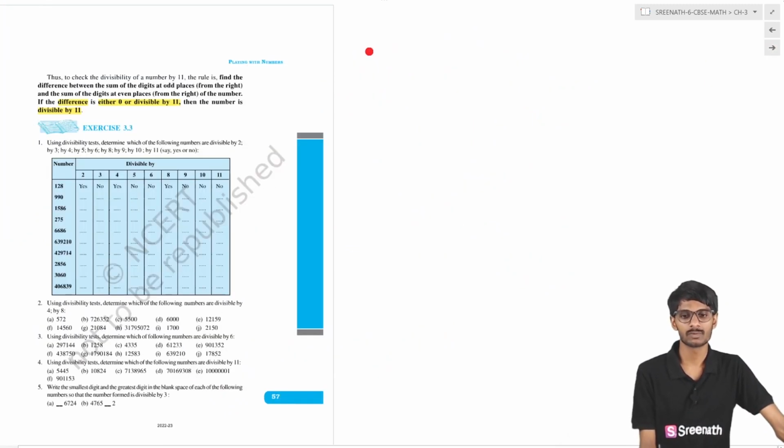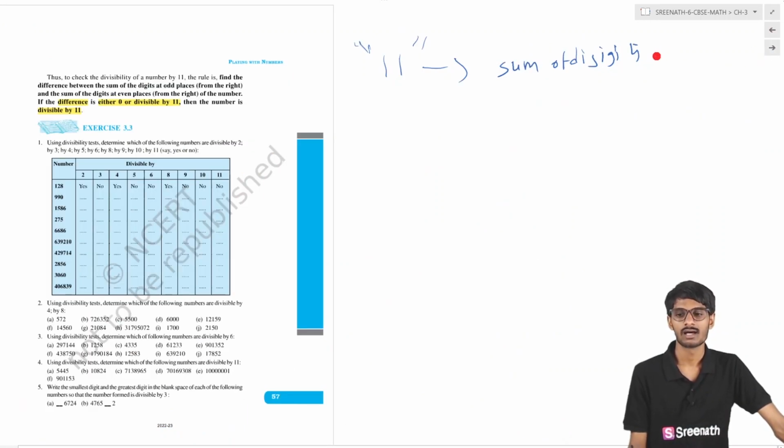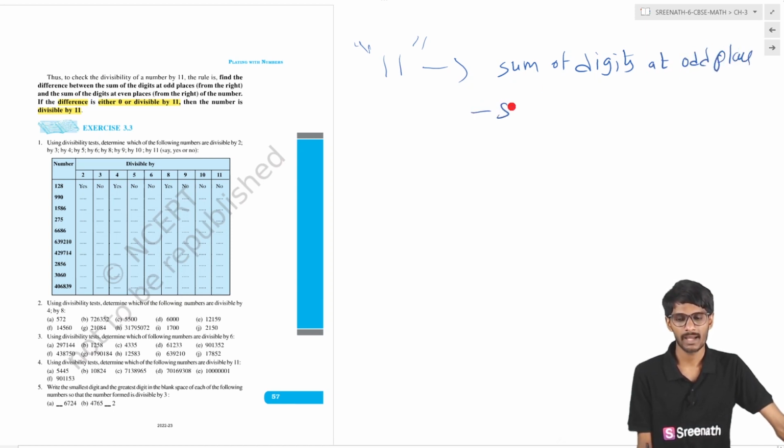And now, the divisibility rule for 11. For that, take the sum of the digits at odd places, minus the sum of the digits at even places.